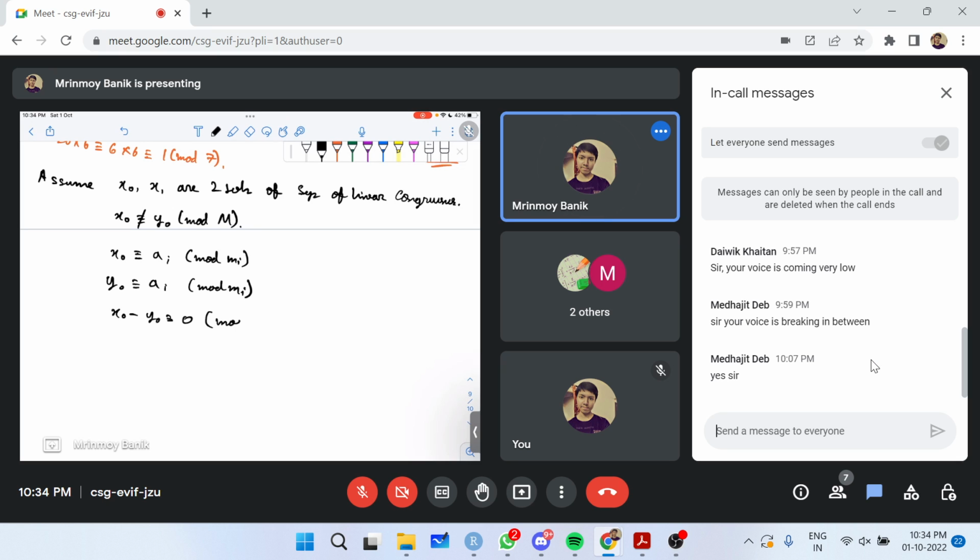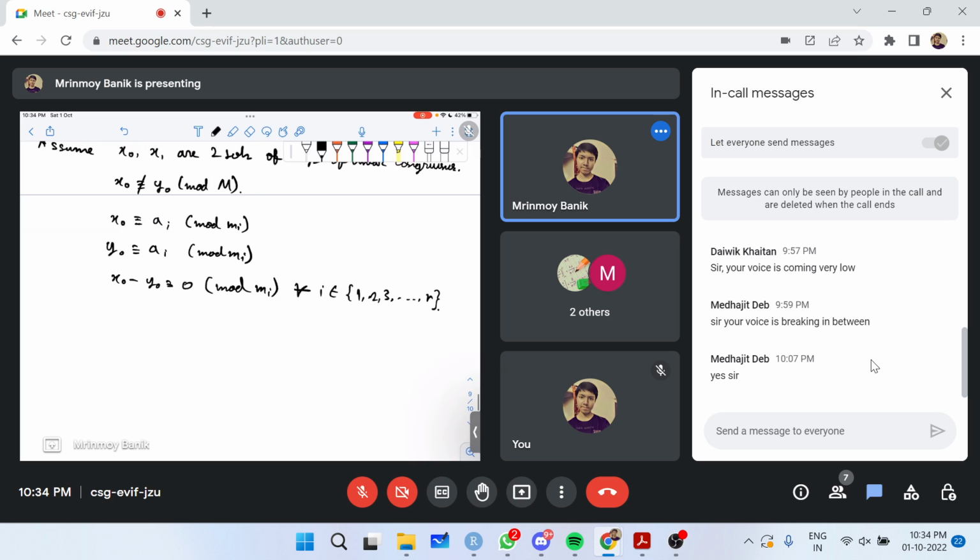So x naught minus y naught is congruent to 0 mod mi. Now this is true for all i. And all the mi's are pairwise co-prime, that is, the GCD of mi and mj is 1 for all i not equal to j.